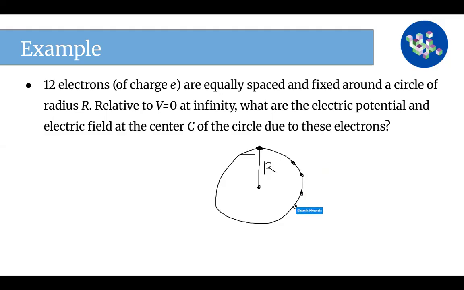And relative to V equals 0 at infinity, so it'll be 0 at some very far distance, find the electric potential and electric field at the center C. I'll give you a few minutes to think about this, then I'll go over it.